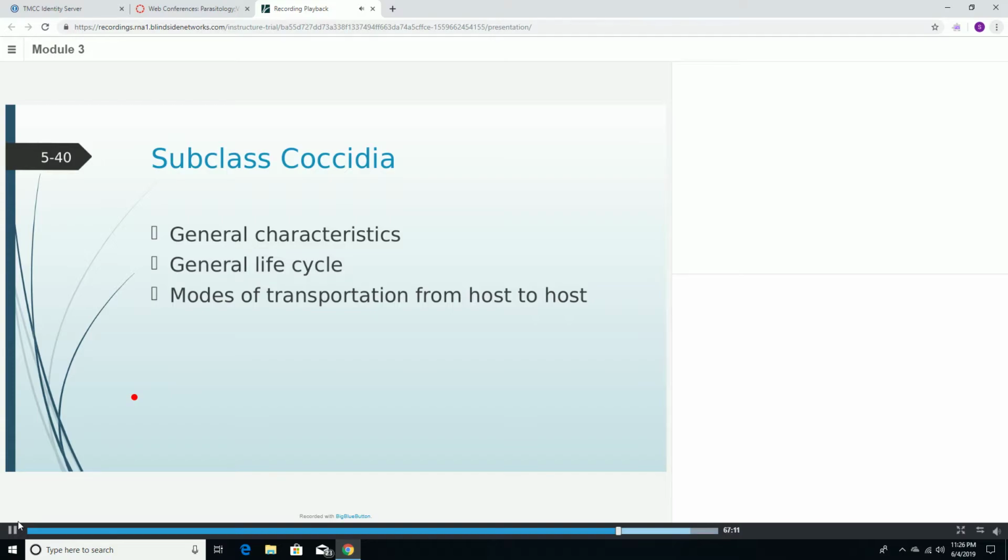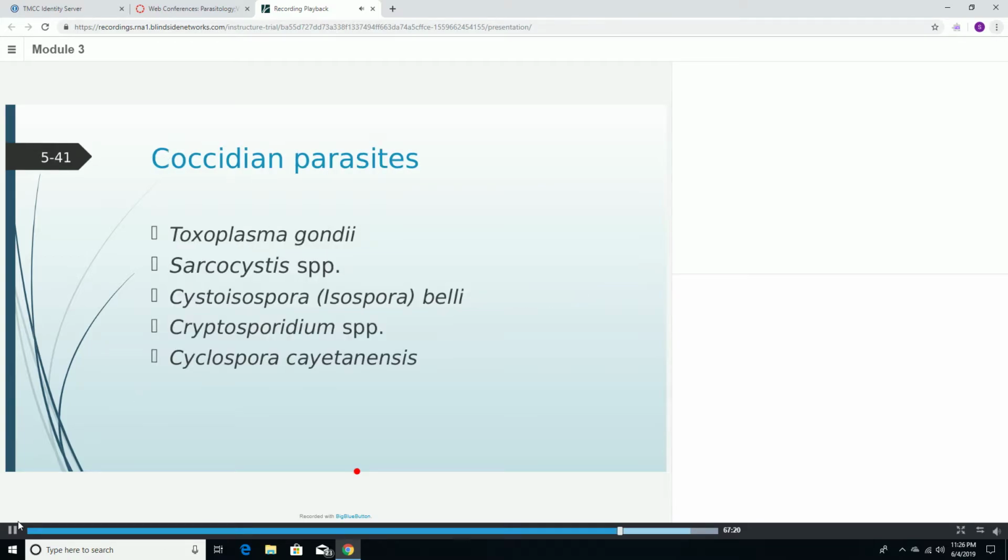So I think I'm just going to go right into it, because the main one that we're going to want to discuss is the very first one that we cover, and that's Toxoplasma gondii. I'm sure some of you may have heard urban legends about pregnant women not being able to dump a litter box from cats, and that's because of the Toxoplasma gondii species.